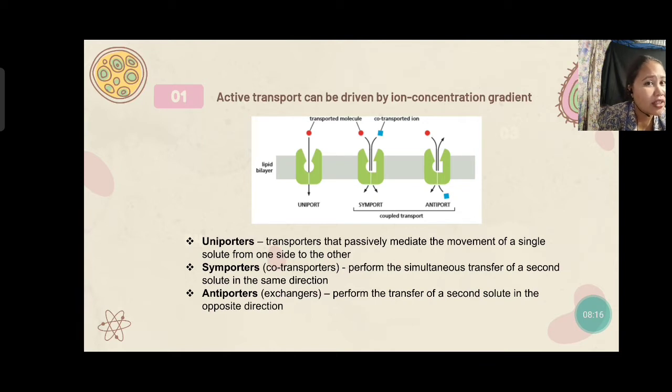For antiporters, also known as exchangers, they perform the transfer of a second solute in the opposite direction. So, it is the opposite of the symporters. The exchangers, or the antiporters, transfer the second solute in the opposite direction.